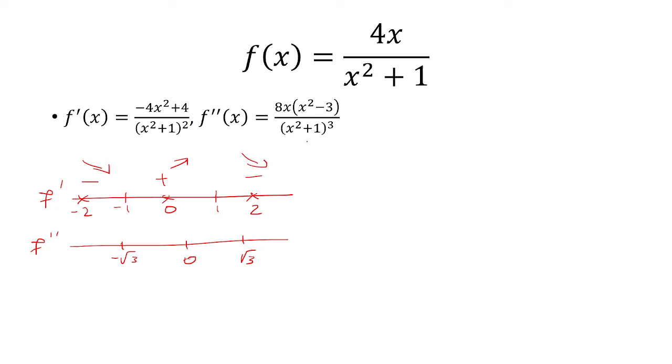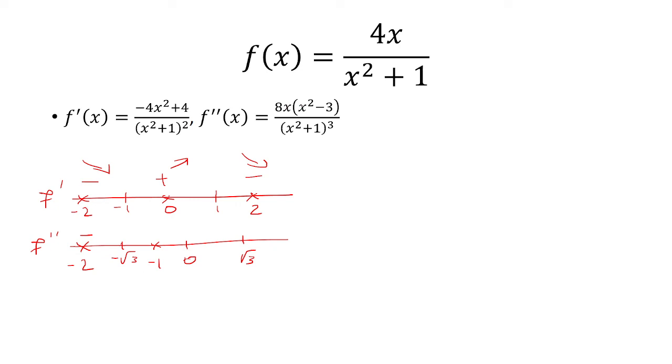And now for the second derivative, we know that the bottom is also going to be positive. So worry about the top. Let's pick negative 2. 8 times negative 2 is negative 16. And then negative 2 squared minus 3 is positive. Negative times a positive is negative. Let's say we pick negative 1.